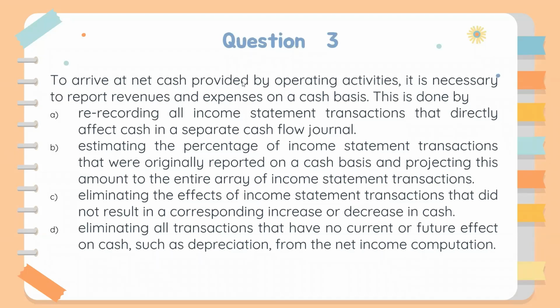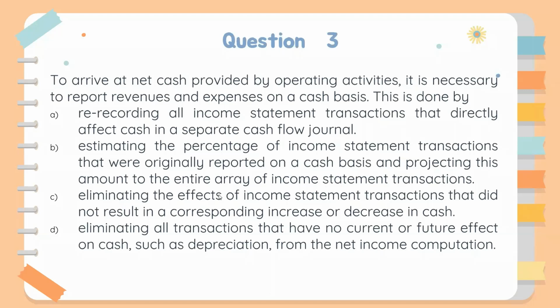To arrive at net cash provided by operating activities, it is necessary to report revenues and expenses on a cash basis. This is done by, letter A, re-recording all income statement transactions that directly affect cash in a separate cash flow journal. Letter B, estimating the percentage of income statement transactions that were originally reported on a cash basis and projecting this amount to the entire array of income statement transactions.